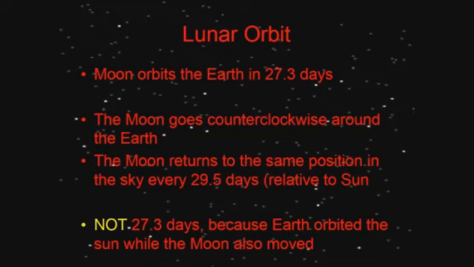So it takes 29.5 days for the moon to get back to the position that we originally observed it in. A little bit complicated, but it should make sense. If the Earth is moving at the same time as the moon is moving, we have to move a little bit more to get the moon back to its original position.